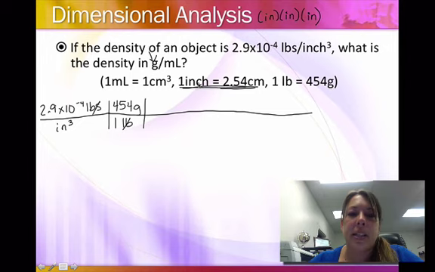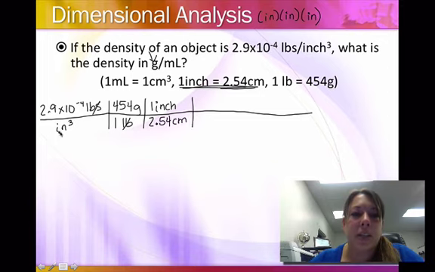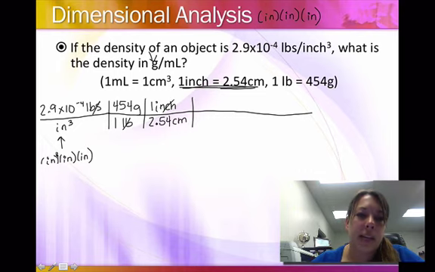But I do need to pay attention that this is regular inches, not cubic inches. So how this works is if I put 1 inch right here and the 2.54 centimeters on the bottom, we aren't quite finished because if we remember what we just said, this is really an inch times an inch times an inch, then what happens is this one thing that I put here only canceled one of those 3 inches.